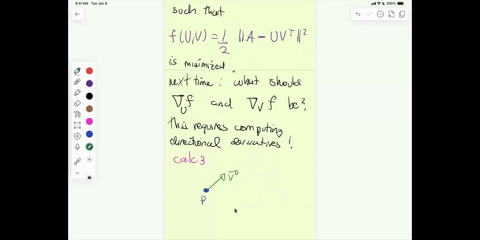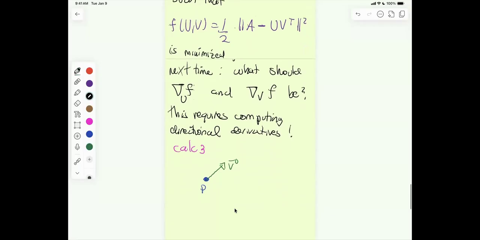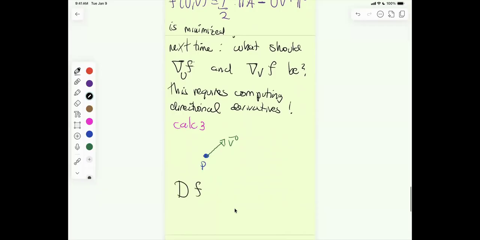If you have a function, there's a rate of change that the function experiences when you move in that direction, which is called the directional derivative in the direction of the vector v. And you do a dot product between the unit vector and v, right.